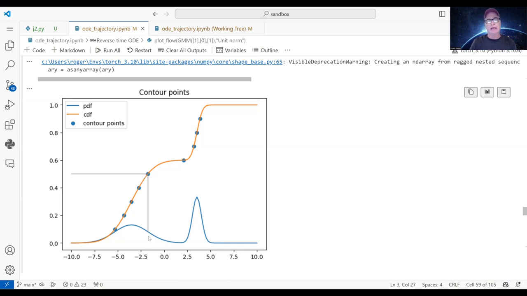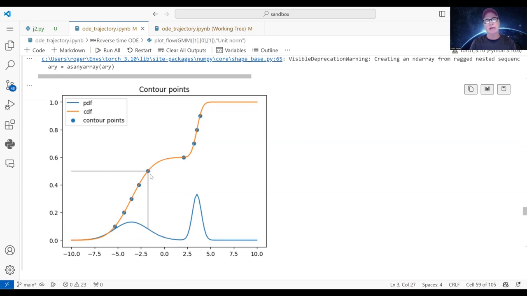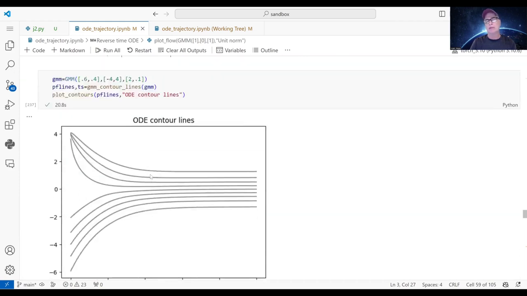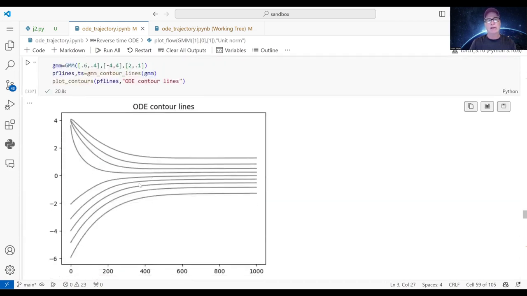And then as the PDF varies through time, and we look at these constant probability points on the CDF line, we end up with a contour line, what I call the contour line.